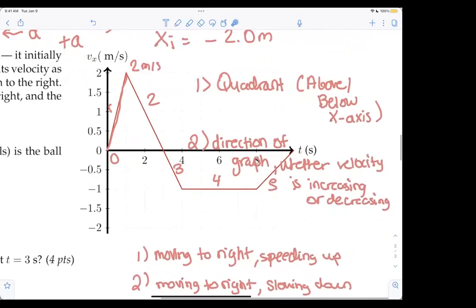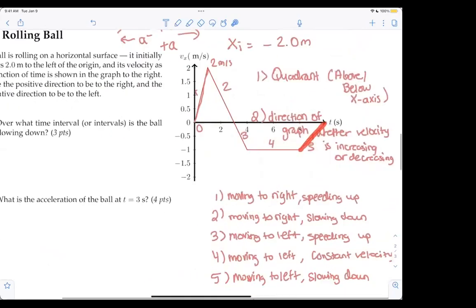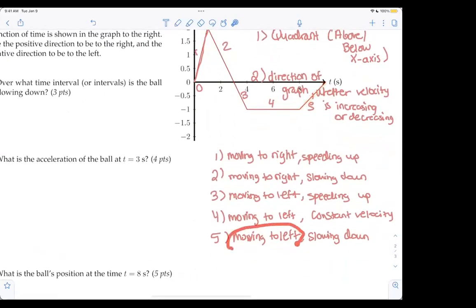Same thing here in this section from 8 to 10 seconds. I'm moving to the left, in that fourth quadrant, below the x-axis. So that indicates that my velocity is negative.